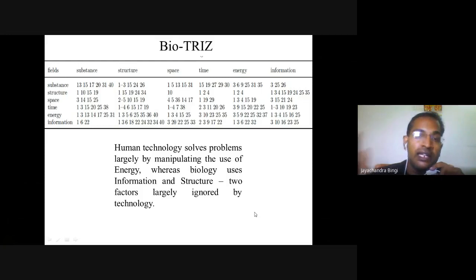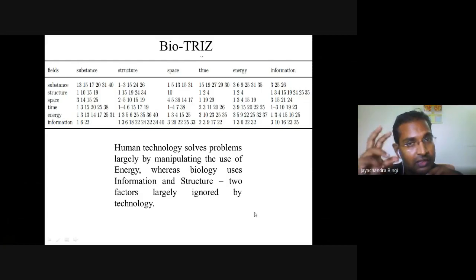So that involves energy. You have to understand the energy flows in the system, the energy requirements of the system. Especially we call it energy flow only. So you have to understand the energy flow and consumption of the system. That's what you are going to do in this particular Bio TRIZ.